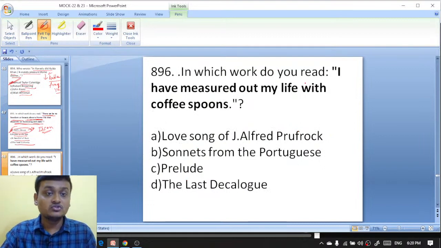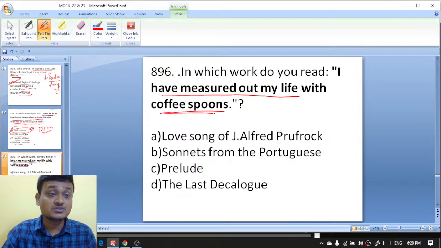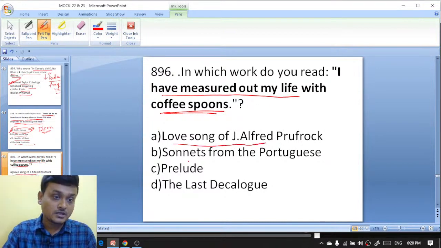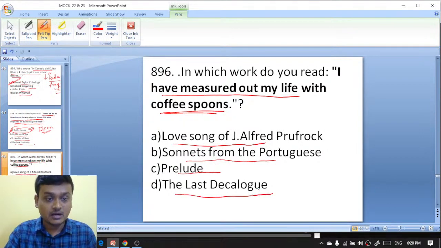In which work do we read: I have measured out my life with coffee spoons. He measured his life with coffee spoons. In which poem do we find this? Your options are Love Song of J. Alfred Prufrock, Sonnets from the Portuguese, Prelude, The Last Decalogue.